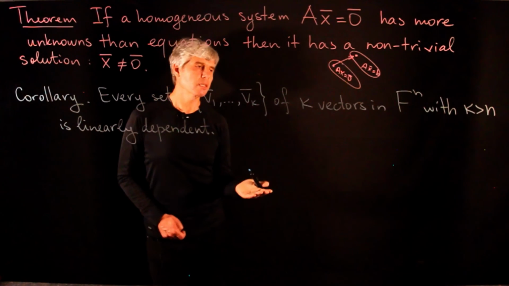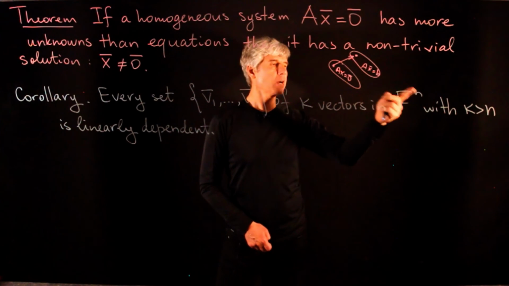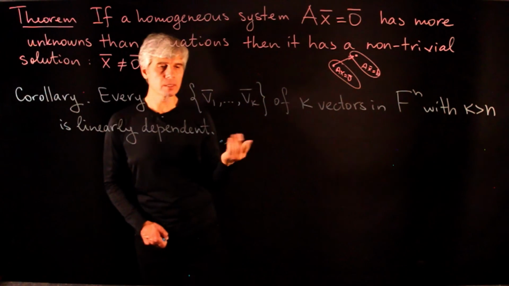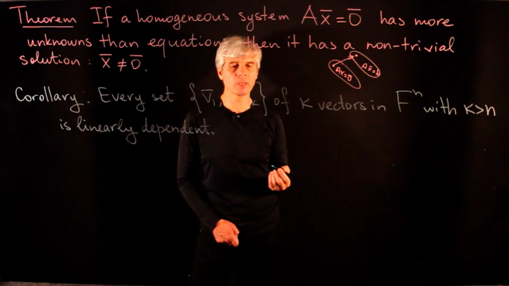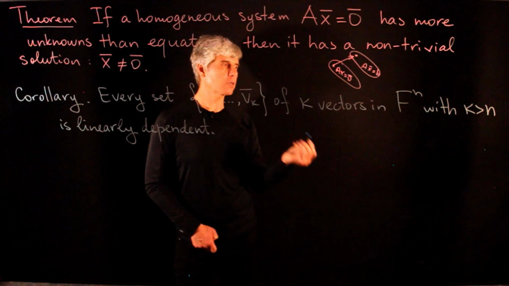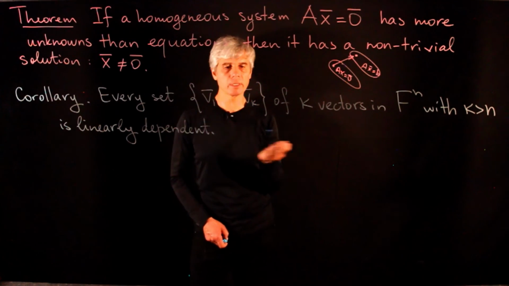So this means that if we take more vectors than the number of components in them, then this set will automatically be dependent. So for example, 3 vectors in R2 will have to be linearly dependent. So this is what this theorem says.